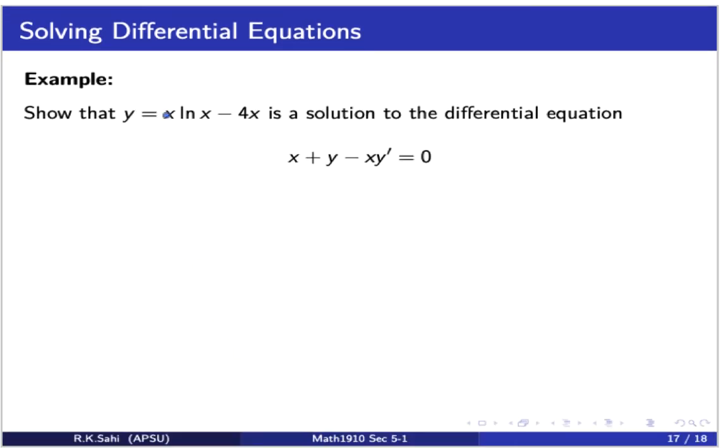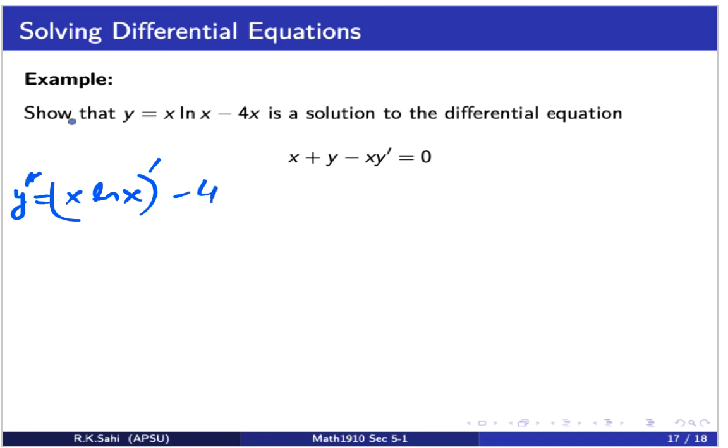We would like to show that y equals x natural log of x minus 4x is the solution to this differential equation. What it basically means is take this equation and plug it in. So x is fine, y is fine. We have to find y prime before we plug in all the terms. Y prime is the differential of x natural log of x minus 4x.